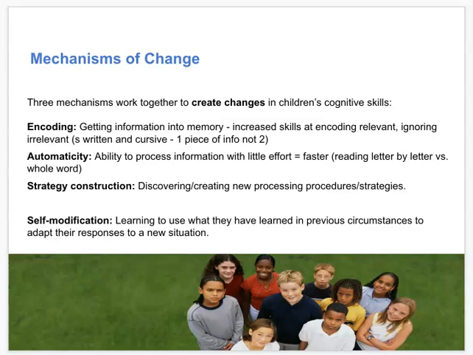Automaticity, that is the ability to process information with little effort. Right? So as you get more and more experience with anything, your ability to process that increases. Reading, well, you probably don't remember learning to read, but when you see kids learning to read, they're really stumbling through, sounding out words, skipping where the period is or commas, they struggle and they work through.